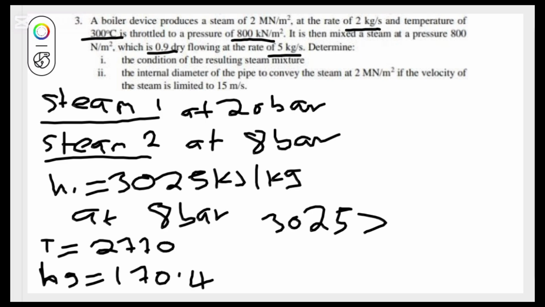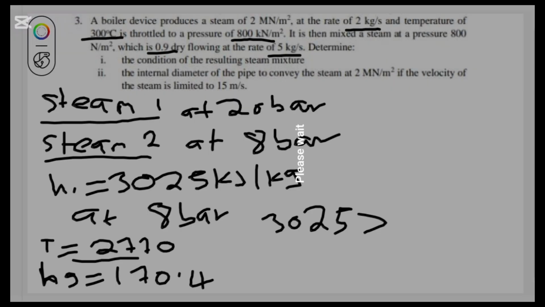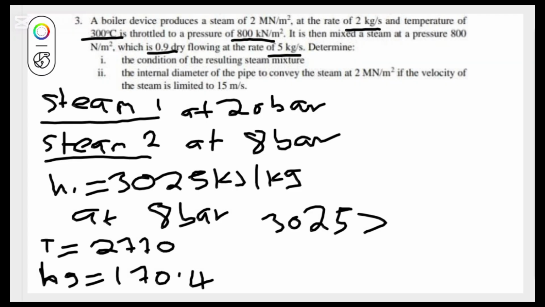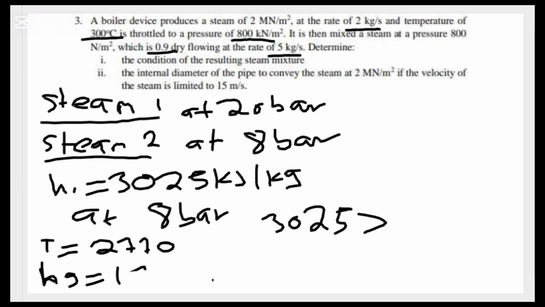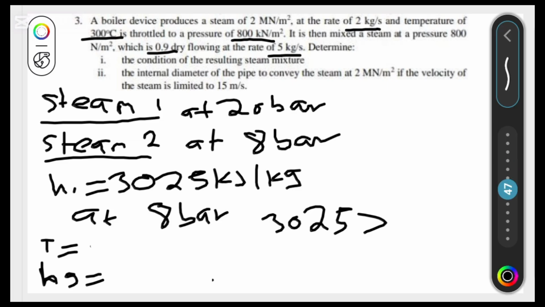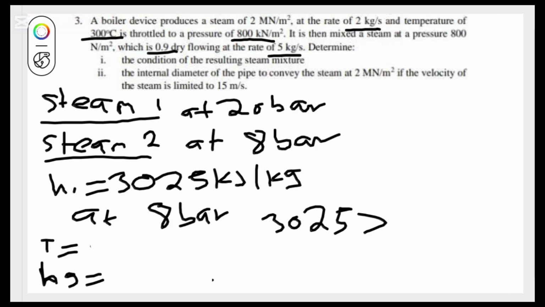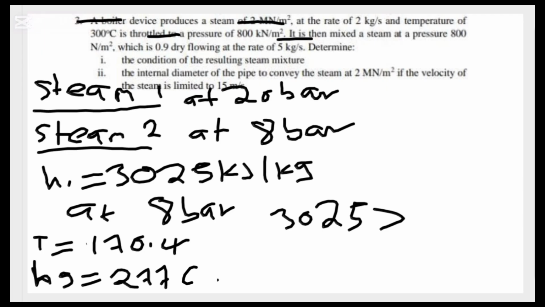The next thing I am going to tell you is that this H1, 3025, is greater than Hg. Sorry, the temperature is 170.4, and Hg is 2770.